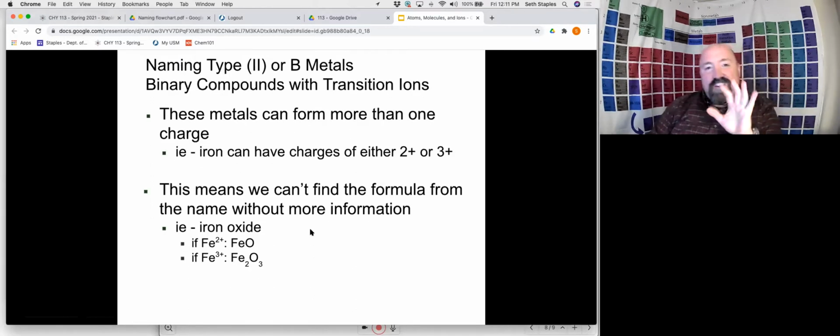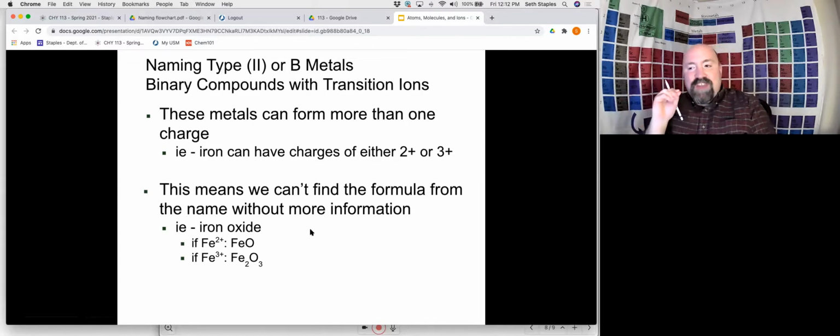When we get to transition metals, now things are a little bit different. And so a transition metal, something like iron, could either be a 2+ or a 3+ charge. And so that means that we can't necessarily find the formula from the name without adding some additional information in there.